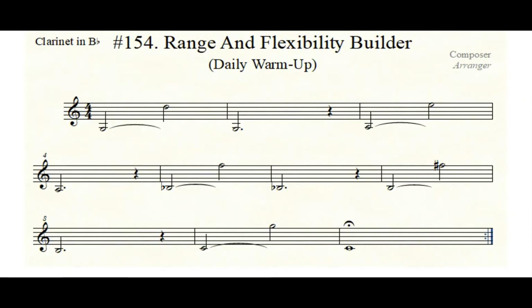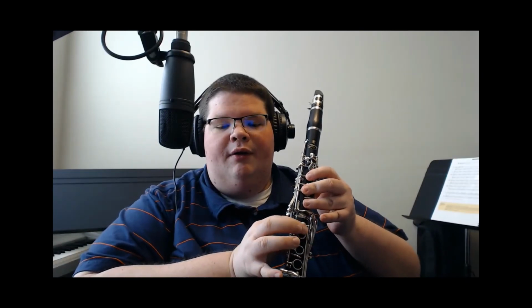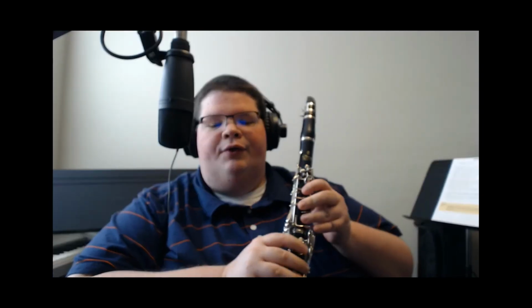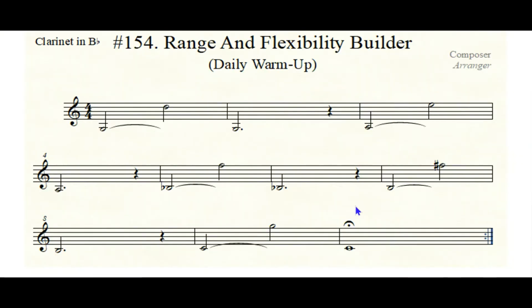We have B flat, 1, 2, 3, 1. We have B natural, 1, 2, 3, 2. And we have C, 1, 2, 3. Okay? And all you need to do to play a high note is press the register key.